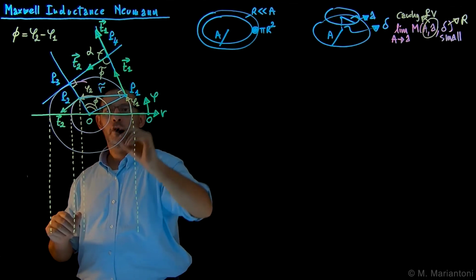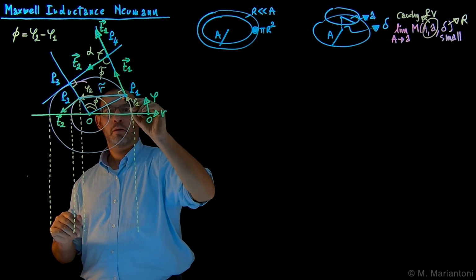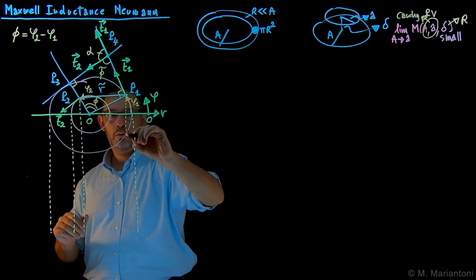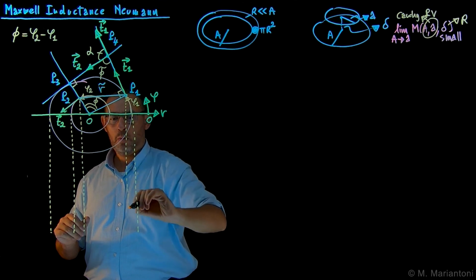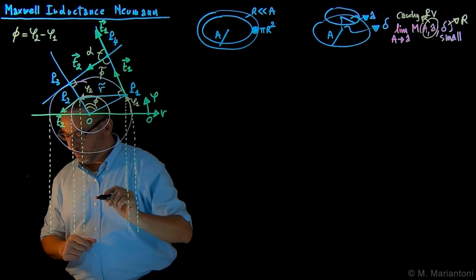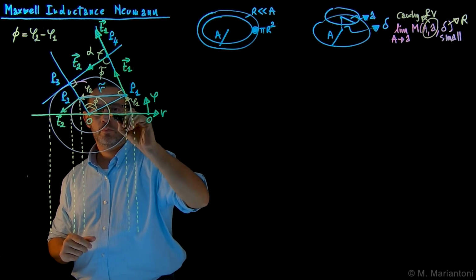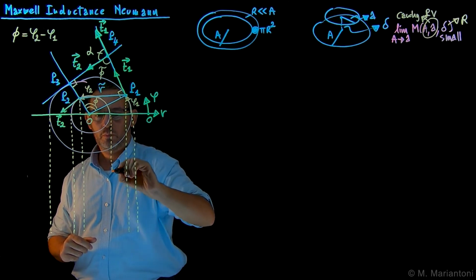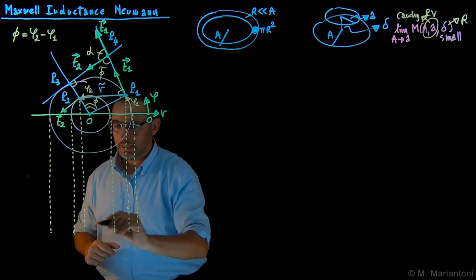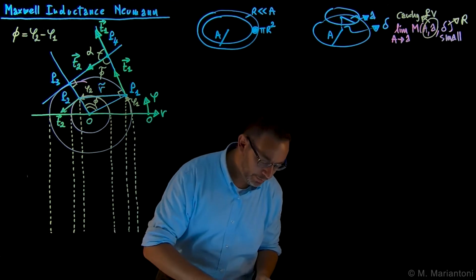Three, 4, then we want to have this one. And the last one would be this one here. All right. So these are 1, 2, 3, 4, 5, 6 projection lines.